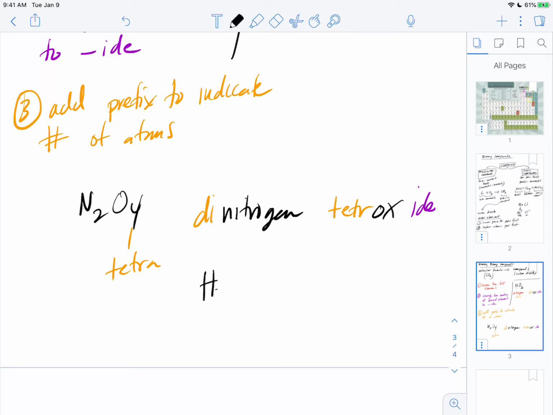So H2O. We already know this to be water, but this is a good example of when we have just 1 of something. So this would be dihydrogen monoxide.